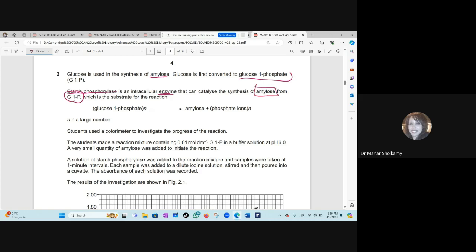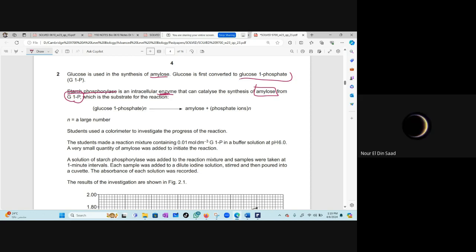What is amylose? Amylose is what? Protein or starch or fat? Remember, what is amylose? Protein. Amylose and amylopectin. This is what?